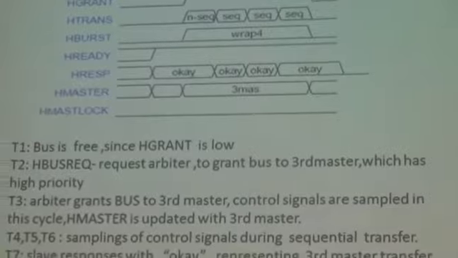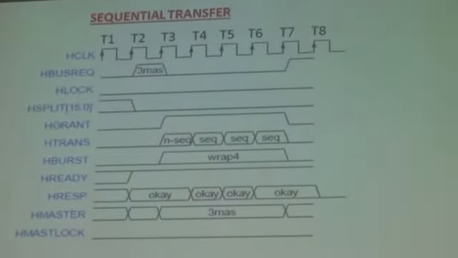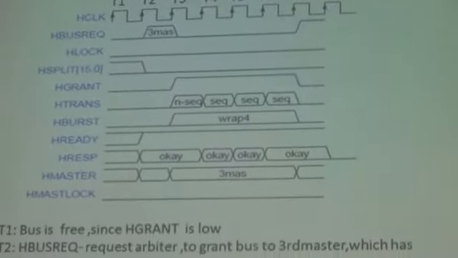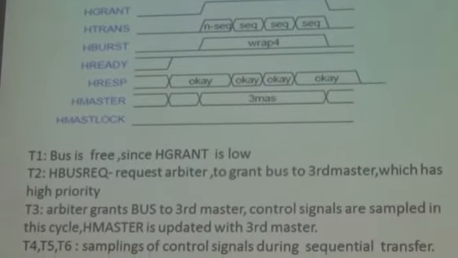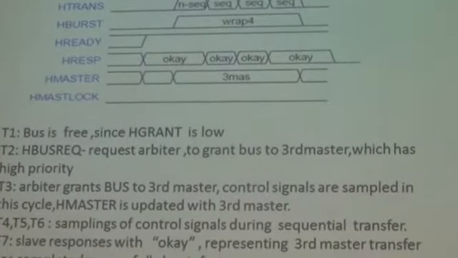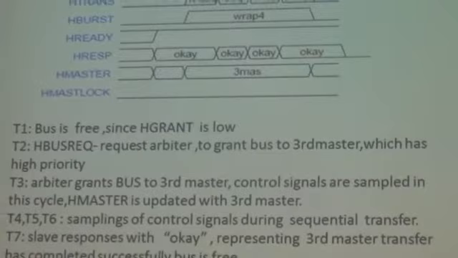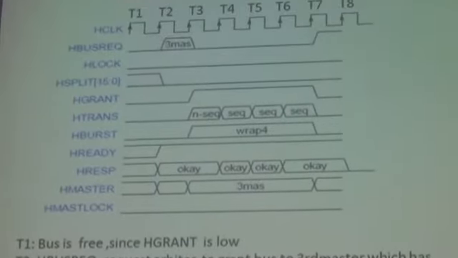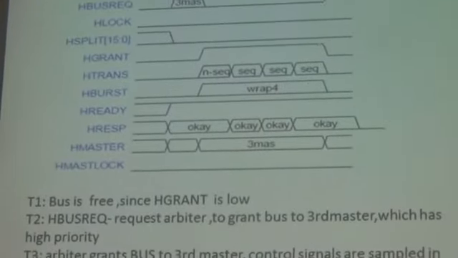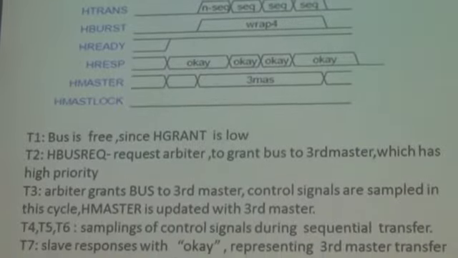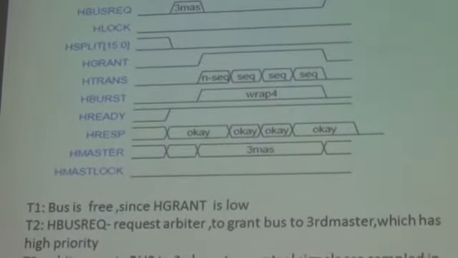In the T3 cycle, HGRANT is high. That means the arbiter grants the bus to the third master, and control signals are sampled in this cycle. HMASTER is updated to the third master, which has been granted the bus.